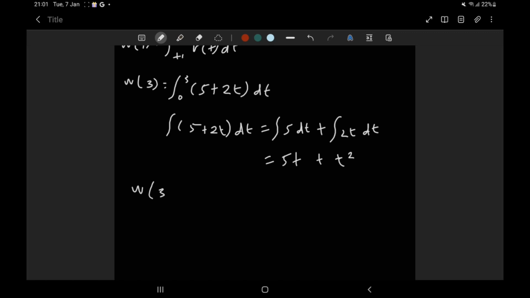Now substitute the integral into the formula.